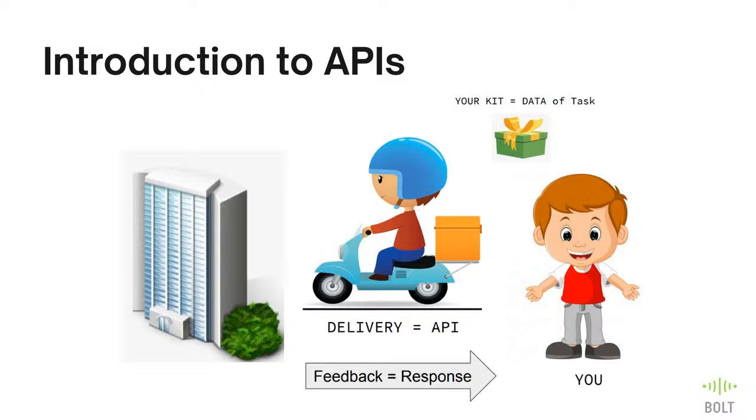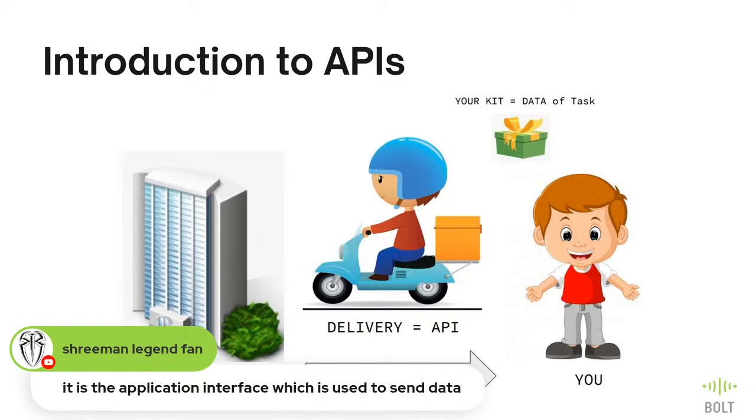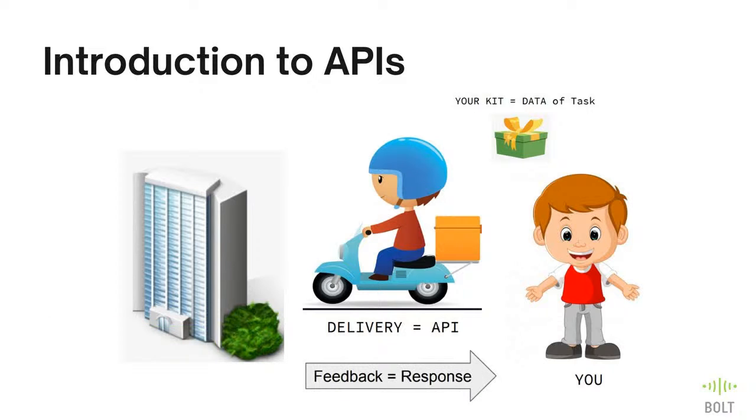That response or feedback, in this case, would be your parcel is delivered, or your gift is undelivered, or take some action. Similarly, APIs take a task or some data, transfer it to another application, and give you a response whether it is successful or not. All right, I hope this is clear to everyone.